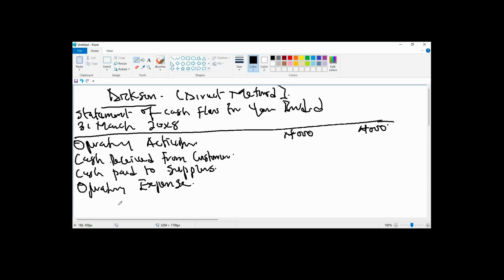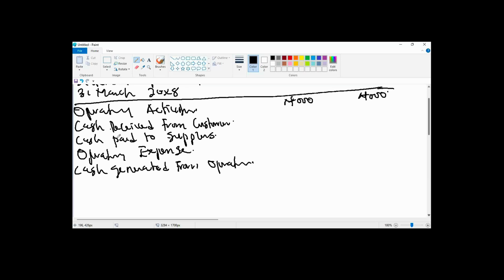After the operating expenses, I will now say cash generated from operations. Then tax. Without tax, it will now have net cash flow from operating activities. That's all.